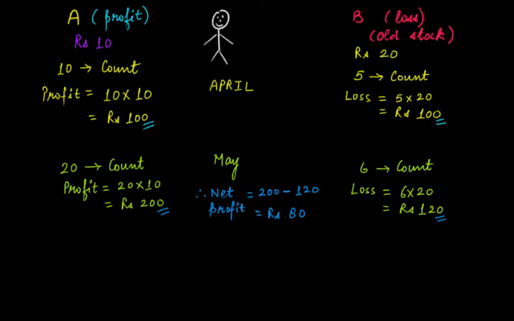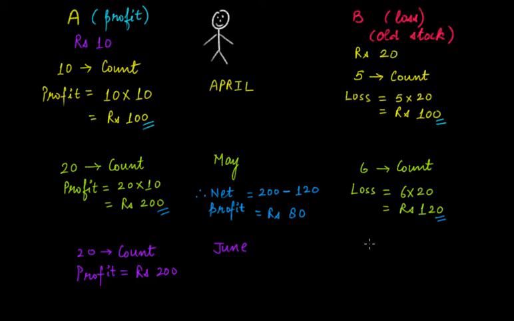Suppose in the month of June, by the end of June, you sold again only 20 count. Again in this month your sale was a little low and it remained the same as the month of May. Again, the profit you will make is rupees 200, because 20 count is the same.